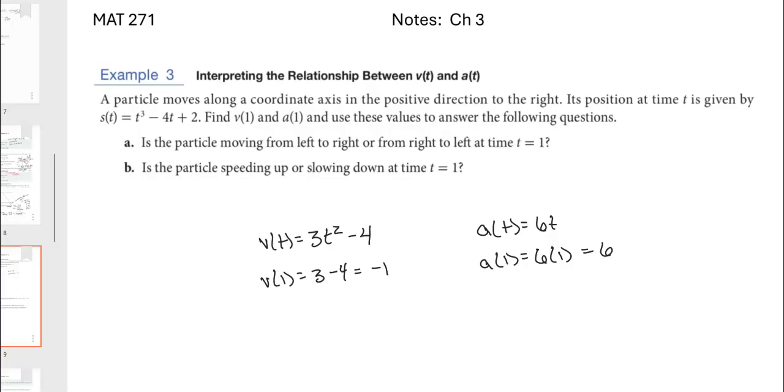So let's look at what's going on. Since our velocity is negative at time equals 1, that tells us the particle is moving from right to left.